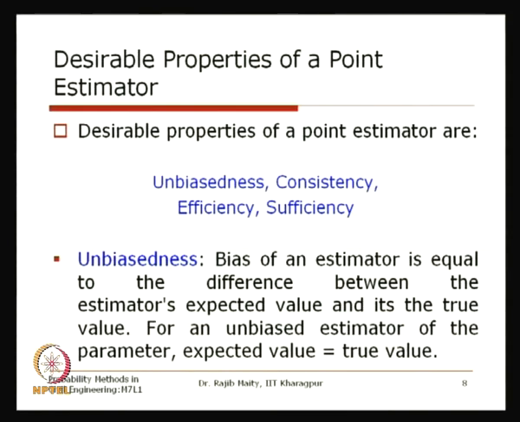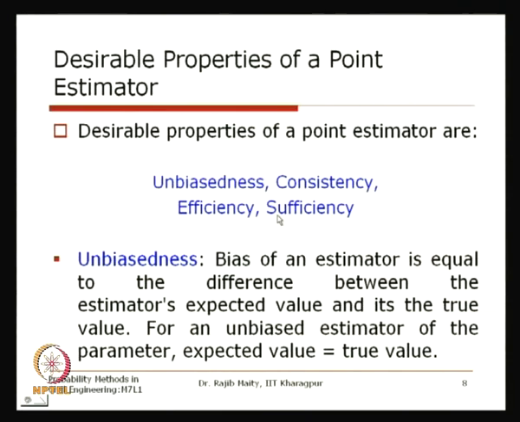So we have to take that particular function which satisfies all these properties, or at least the maximum number of these properties should be satisfied by those estimators. So these 4 properties are unbiasedness, consistency, efficiency and sufficiency.